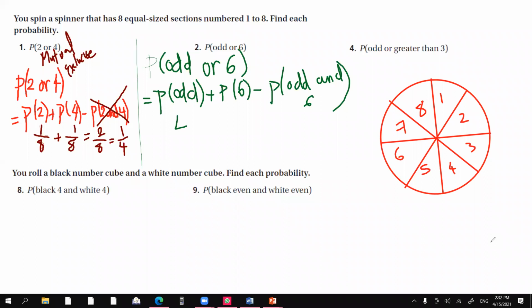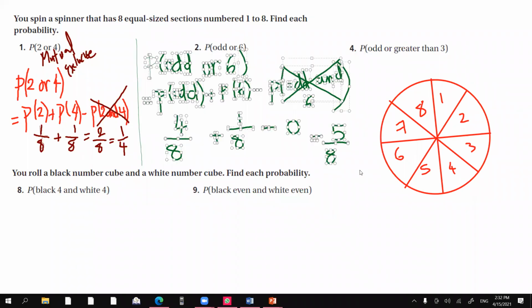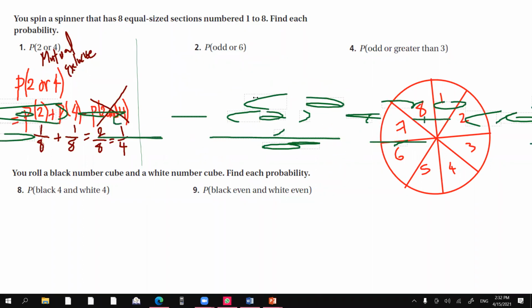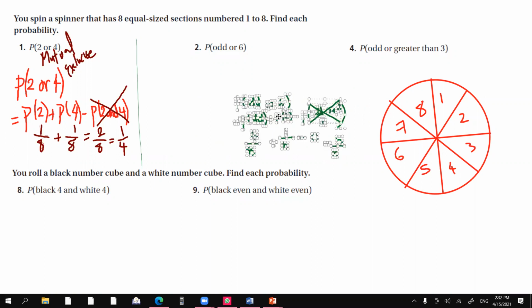We have 4. Bravo. Of 6, how many 6 do we have here? 1. 1/8. Now, what is the probability of getting an odd number and 6 at the same time? No, 0. There's no such number. Bravo. So it is 0. So I will say the answer will be 5/8, and this will be mutually exclusive. Teacher, you mean here odd and the number is 6? Yes.